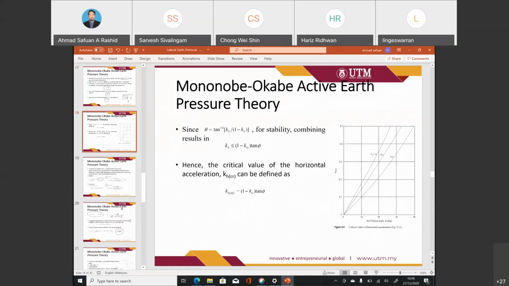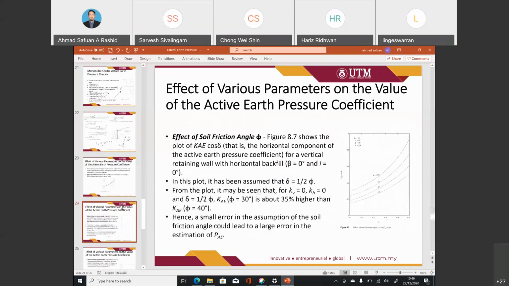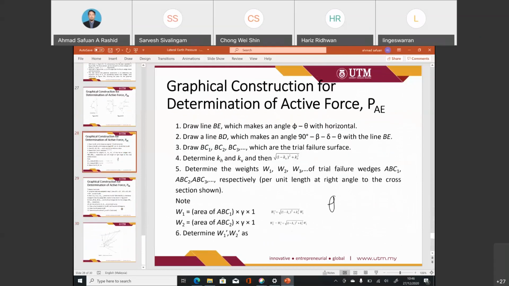So this is the value of theta, and we may use the same theta equation. So first, calculate the phi minus theta.